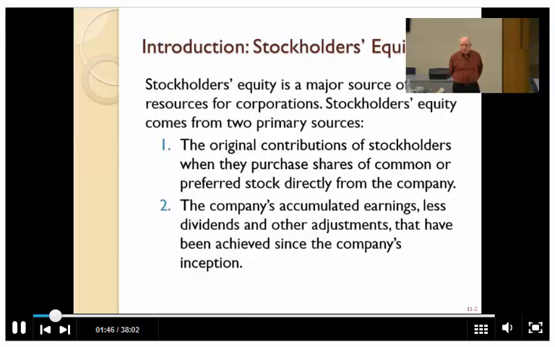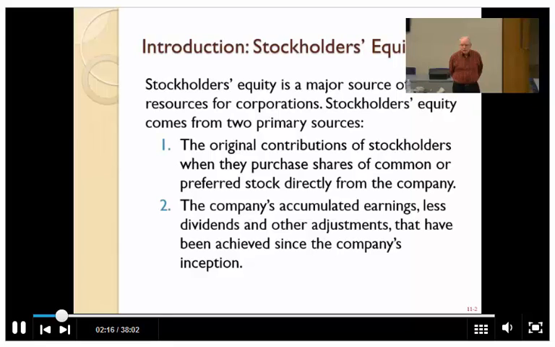Later on, if a stockholder decides they no longer want to hold the stock, they would sell it on the open market, but then they'd have to go through a broker and trade the stock on an exchange. But the transactions we're talking about tonight are where the company goes out and, again, through an investment bank or through an underwriter, issues stock to outsiders.